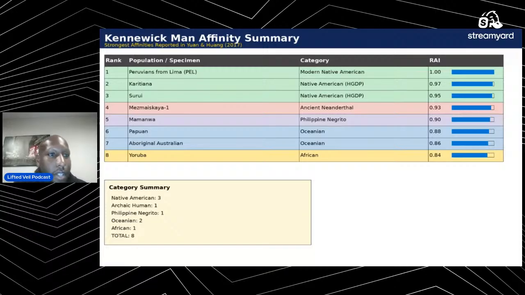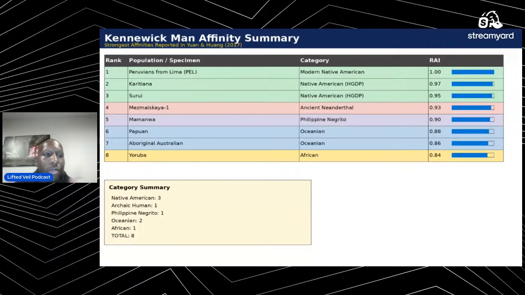You have the Karitiana second, the Surui third, Mezmaiskaya fourth, the Mamanwa, which are Philippine Negritos, fifth, Papuan sixth, 7th is Aboriginal Australians. Number 8 is Yorubans.